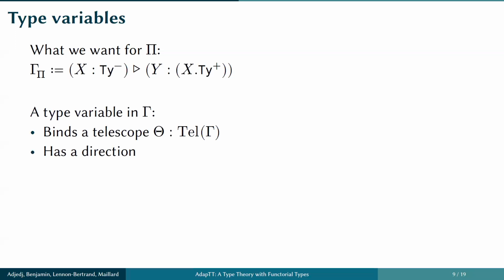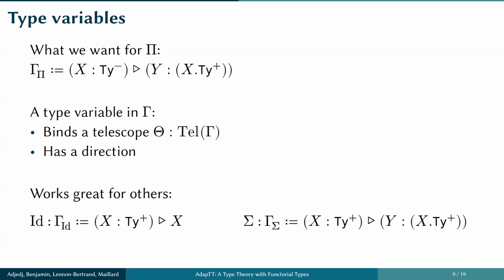What a type variable is, is really just a telescope of variables in Gamma and a certain direction to know whether the type variable is going to act covariantly or contravariantly. This works great for Pi, but also for everything else, basically. It works for the identity type, where this is just the parameters of the identity type. And also for Sigma, we just have to say that they both act covariantly.